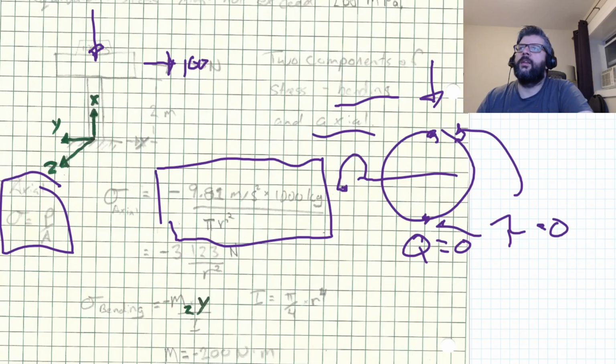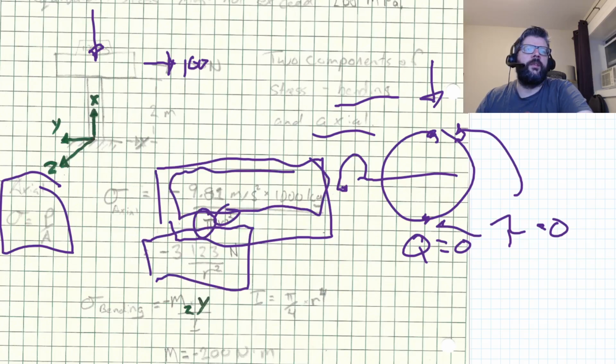Therefore, the force induced by that weight will be 9,810 newtons, divided by pi r squared. In terms of r squared, that ends up being negative 3,129 newtons per r squared. Again, that'll be negative because it's compressive.